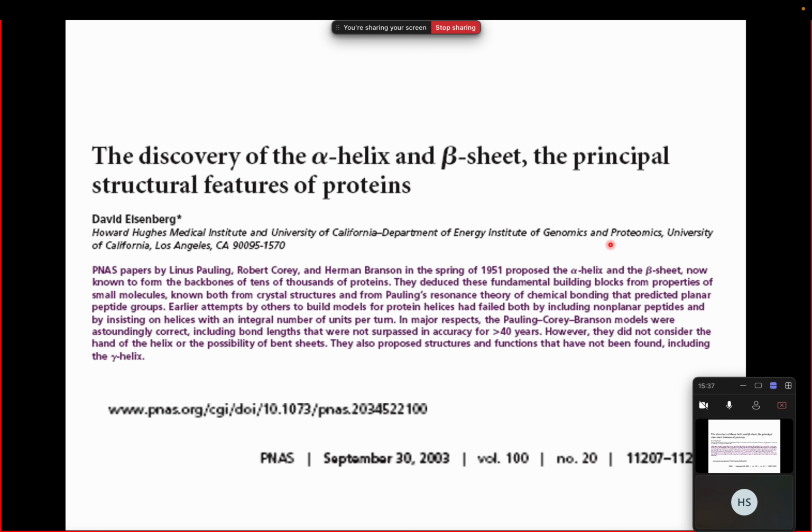Earlier attempts by others to build models for protein helices had failed, both by including non-planar peptides and by insisting on helices with an integral number of units per turn. In major respects, the Pauling-Corey-Branson model was astonishingly correct, including bond lengths that were not surpassed in accuracy for more than 40 years.